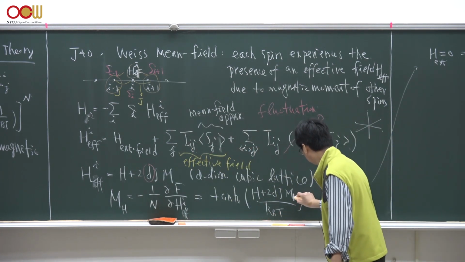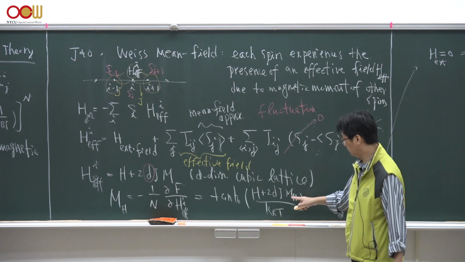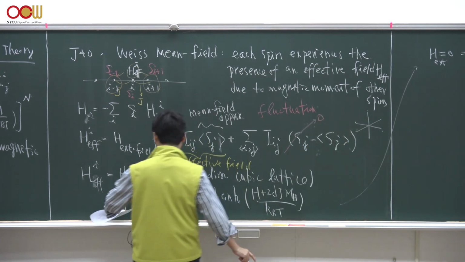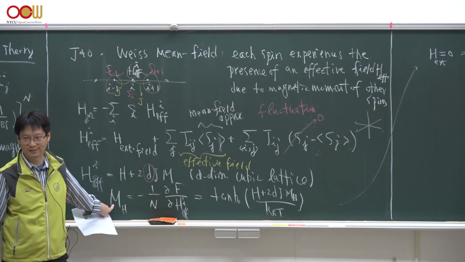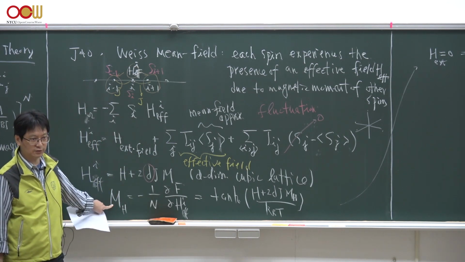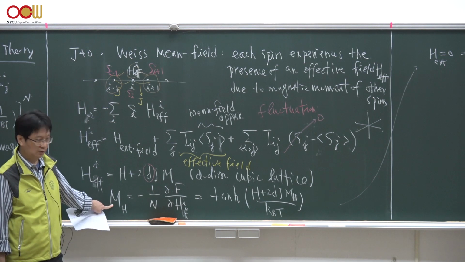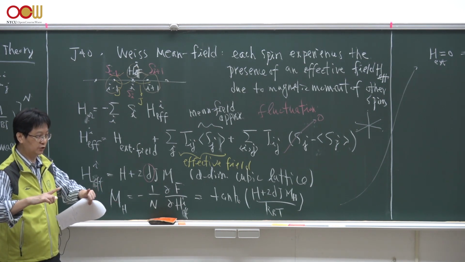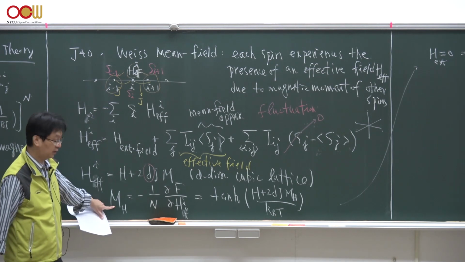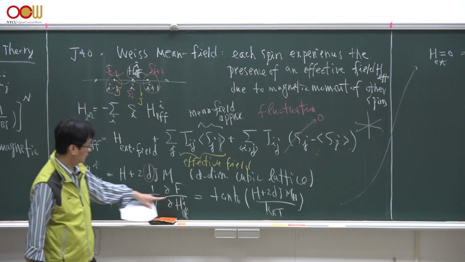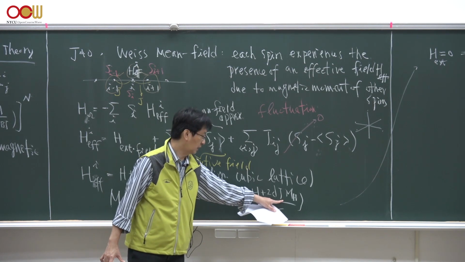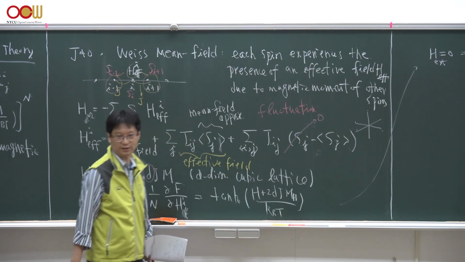But here is the tricky thing. This M inside the hyperbolic tangent is the same magnetization as on the left side of the equation here. Therefore, it is a self-consistent equation. The magnetization on the left-hand side is the average spin moment on every site, and that appears on the right side inside the hyperbolic tangent, which is exactly the same quantity.